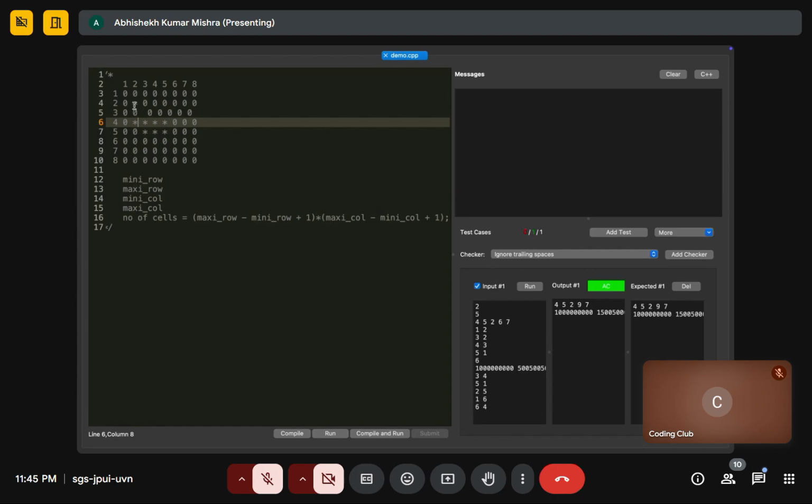Basically, what is the logic? We will traverse every monster. We will remove that monster, and for the remaining monsters, we will calculate the number of cells from this formula. And in that number of cells, if there is at least one empty cell, then we can keep this monster inside it. If not, then we will check whether the length is minimum, or this is the length. This is length, and this is breadth. So from both of these, what will be the minimum?